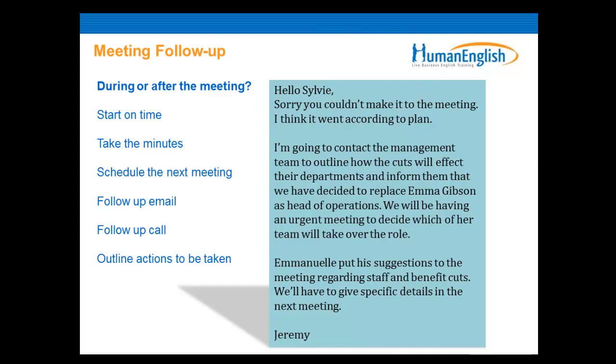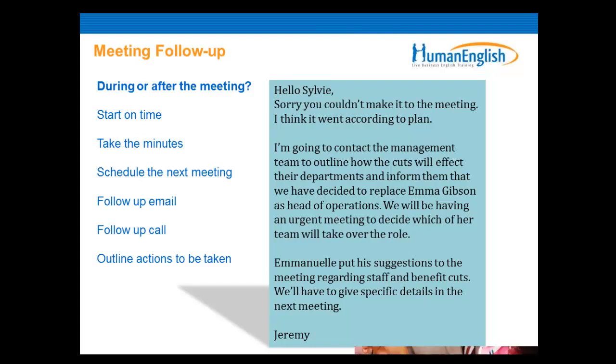Okay, right, Perry, staff and benefit cuts. That's good. Okay, and Anna, who will take her place? Right, okay, that's also good, Anna. And that they will also be discussing who will take her place, but they will look at the staff and benefit cuts as well. Okay, so all of those answers are correct, okay?